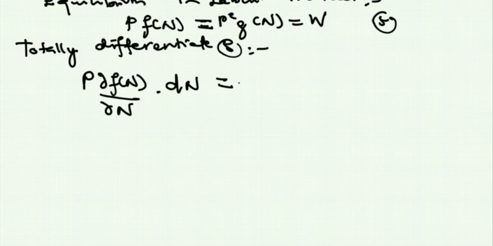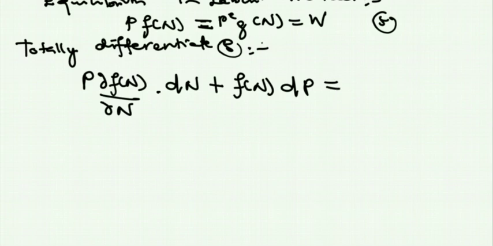Then I differentiate the right hand side. I haven't finished, sorry. This is the product rule, and then plus. Now, I keep Fn constant and I totally differentiate price. That's the correct way. So Fn constant, totally differentiate price, dP. Then you can have an equal sign.